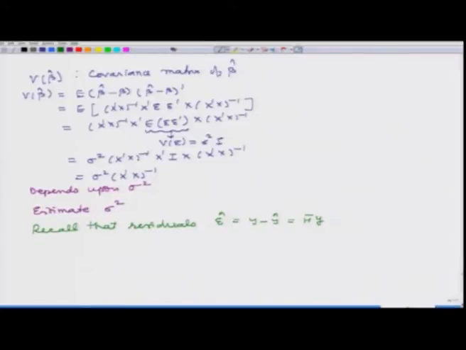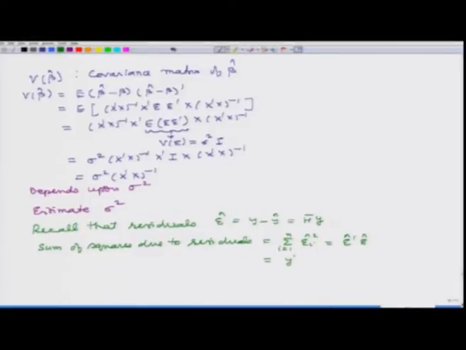And based on that, if I try to define the sum of squares due to residuals, this is nothing but the sum over i from 1 to n of epsilon i hat whole square, which is nothing but epsilon hat transpose epsilon hat, and we have obtained epsilon hat as h bar y.